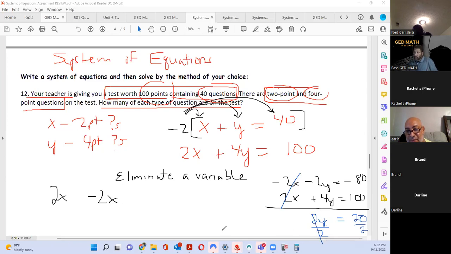The 2's cancel. You get Y equal. What's 20 divided by 2? 10. So what does Y stand for again? In this system of equations, what does the variable Y stand for?